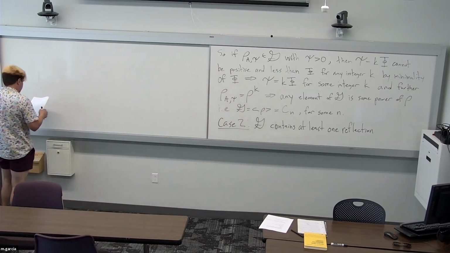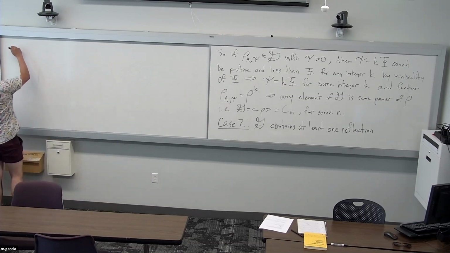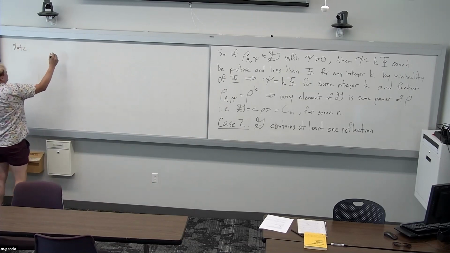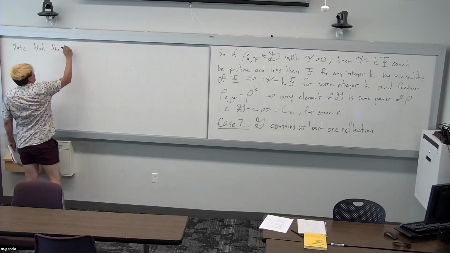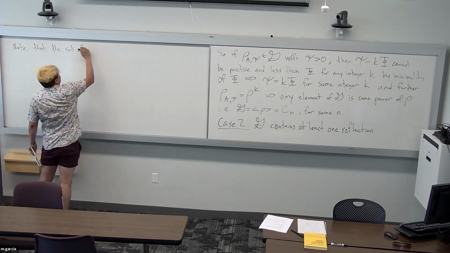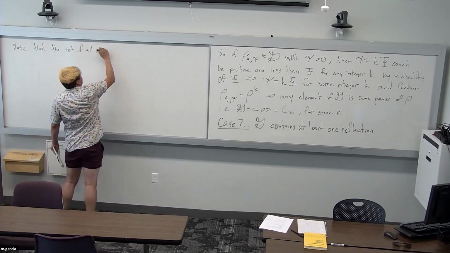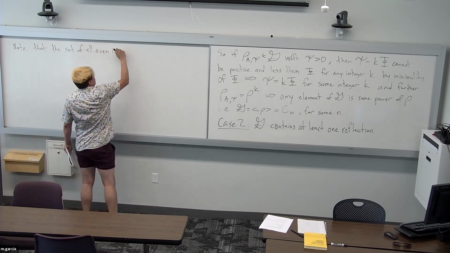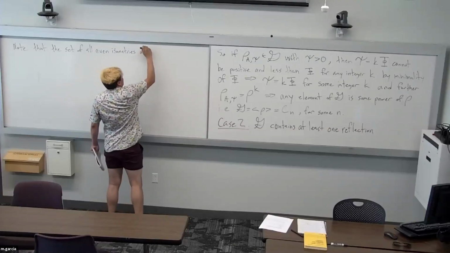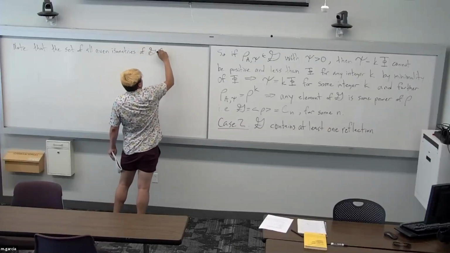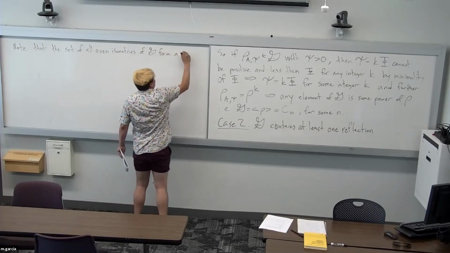First, note that the set of all even isometries of G forms a subgroup.